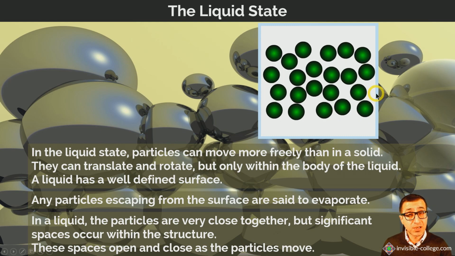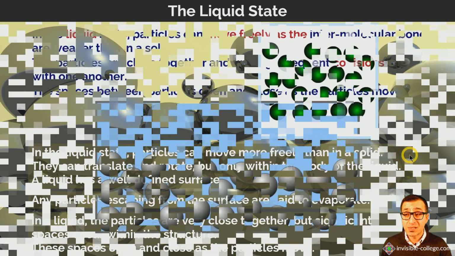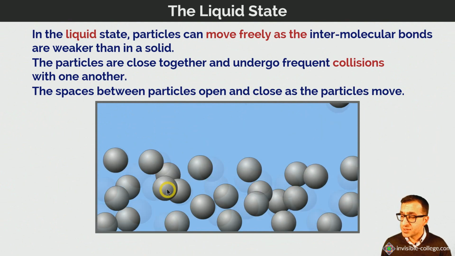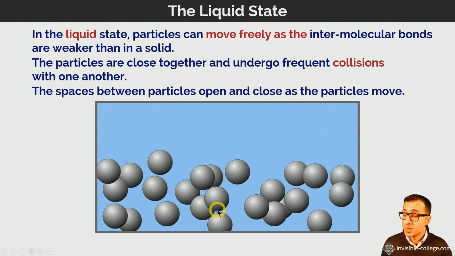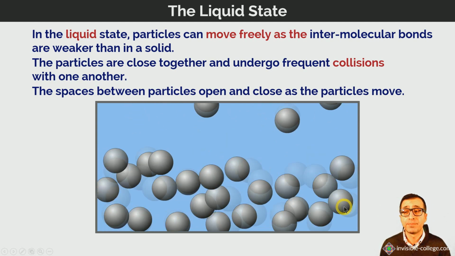So liquids are difficult to compress, they can flow to take the shape of their container because the liquid's particles are free to move. This is because the particles are moving with sufficient energy to overcome the forces of attraction between them enough to move translationally.